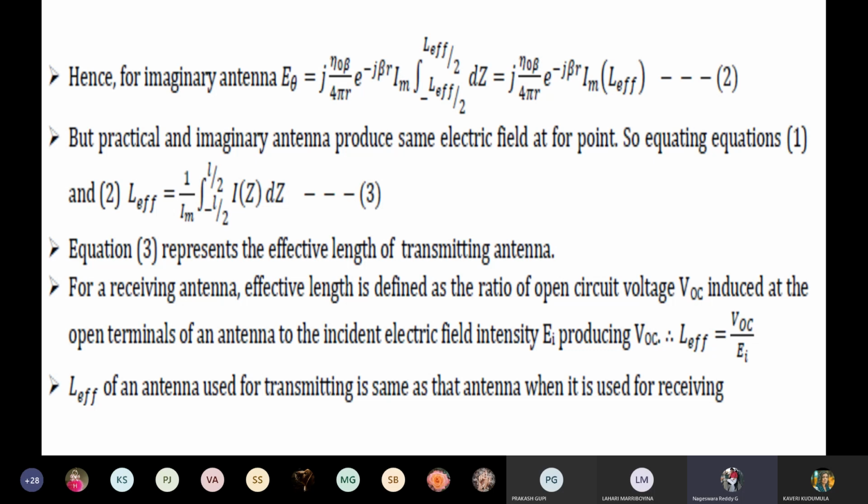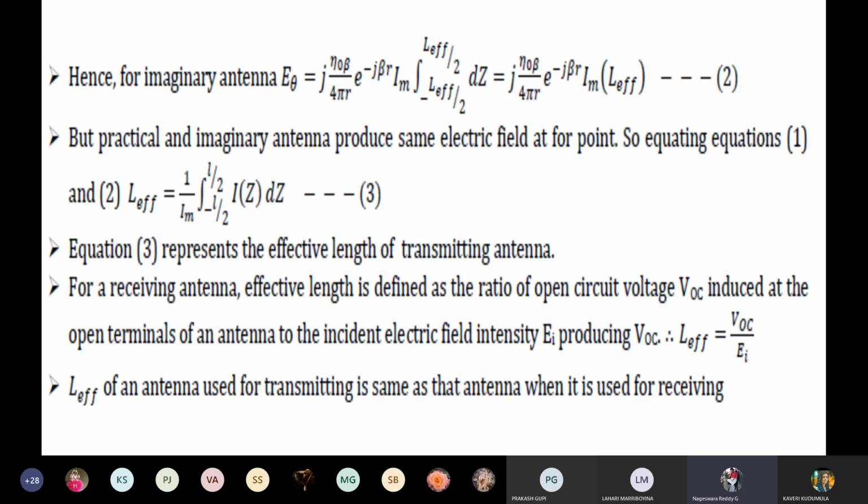So practical and imaginary antenna produce the same electric field at a far point. Far means far; the opposite word for near is far. So equating equations 1 and 2.